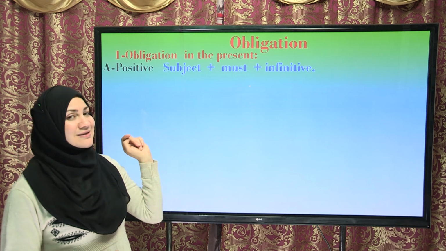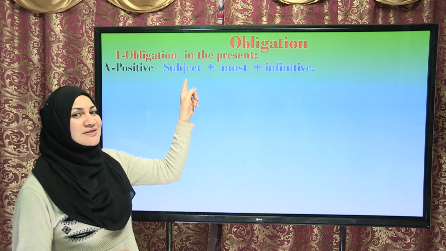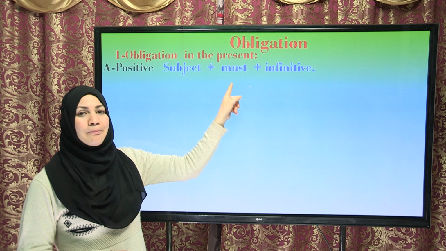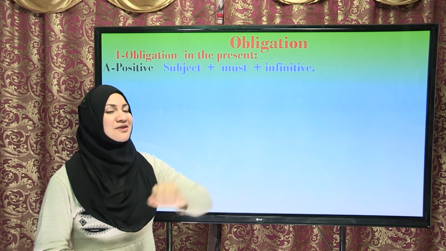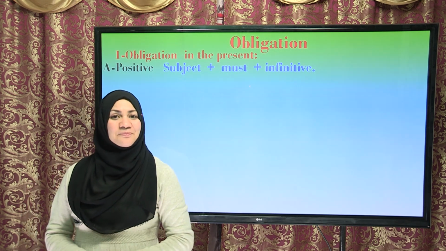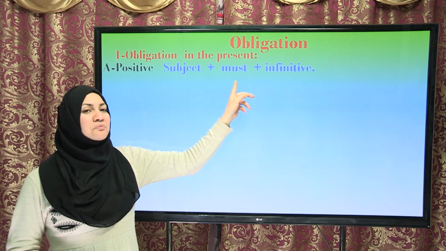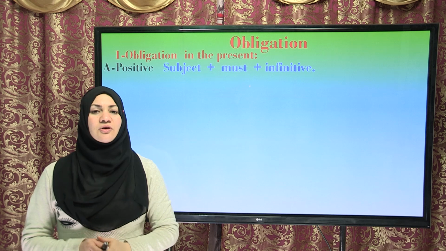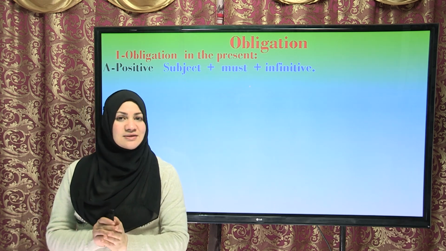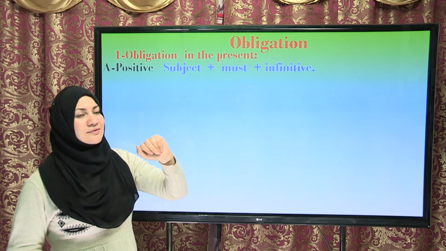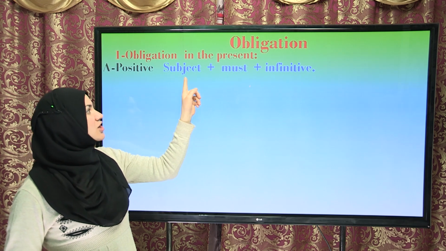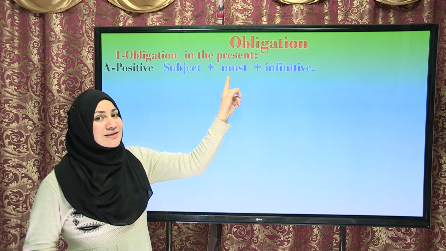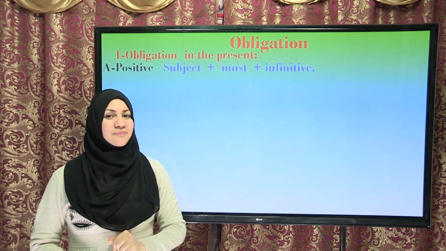The form is subject plus must plus infinitive. You see here, the modal verb that expresses obligation is must. It's used for obligation and necessity. So the form in positive is subject plus must plus infinitive.